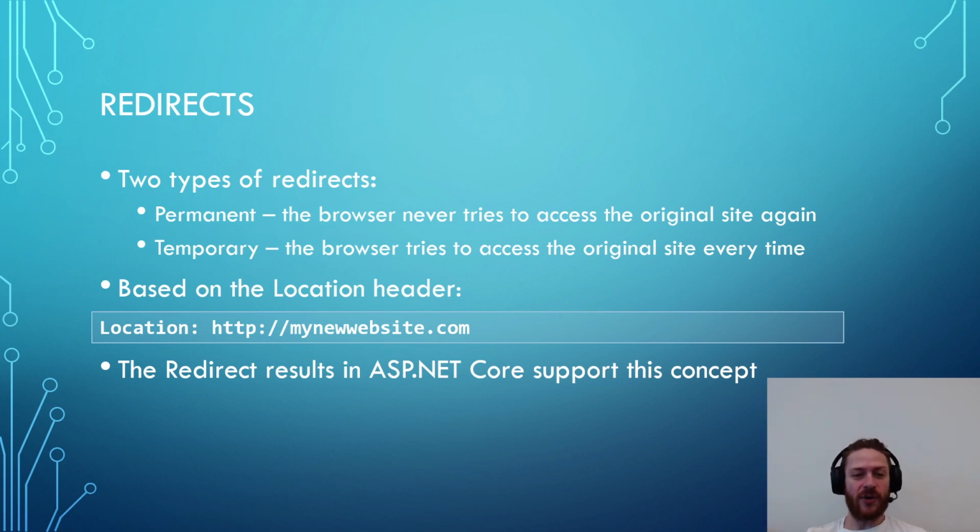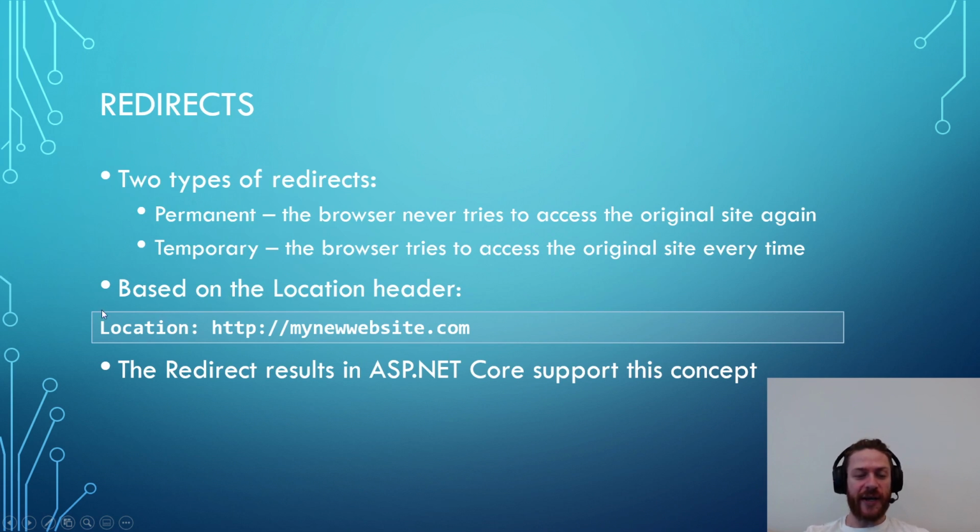And the temporary redirect means that the browser will try to access the original site every single time. The redirects are based on the status codes, so if you return a status code starting with 3, for example, 301 moved or 302 found, these are status codes which represent redirects. And when a browser sees a redirect status code, the browser searches for a location header.